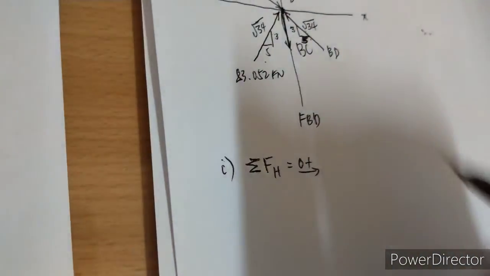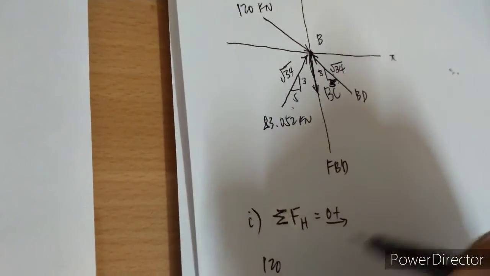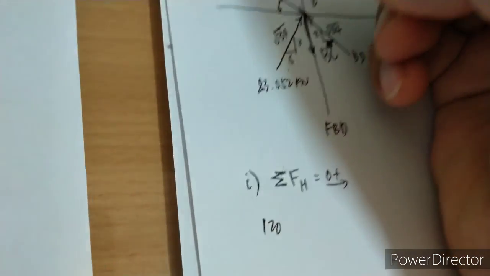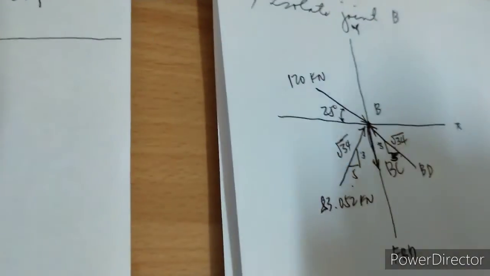So what are the positive forces going to the right? 120. What's the angle of this? Actually we need to have the angle. This is 25 degrees.